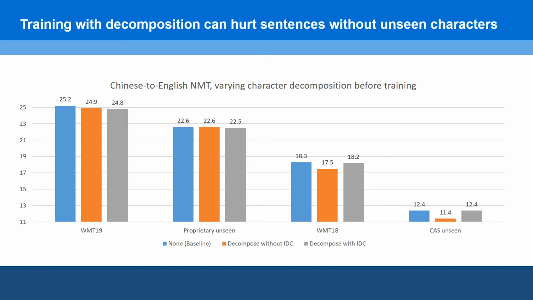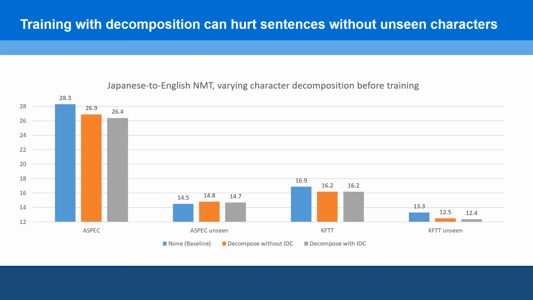But we do find that translation of the general test sets, which do not have unseen characters, can be quite a bit worse, and we don't want this. The effect is particularly noticeable for Japanese to English translation. The unseen set translation is now a little better for ASPEC, although a little worse for the Kyoto task, but the general set translations are noticeably worse than the baseline here.